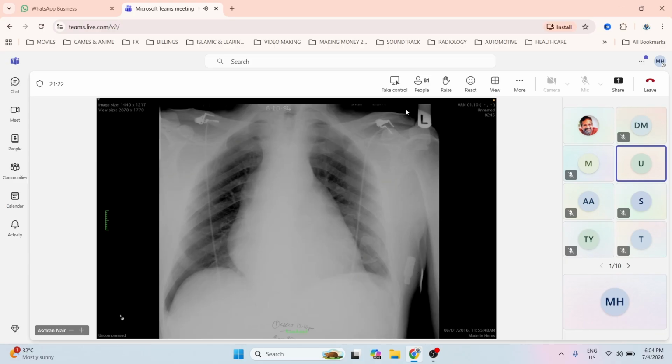No hilar enlargement. The heart is enlarged with a globular shape and it is symmetrical bilaterally. It also gives a water bottle heart appearance. Bilateral heart borders are clearly visualized, giving the Kerley heart border sign.